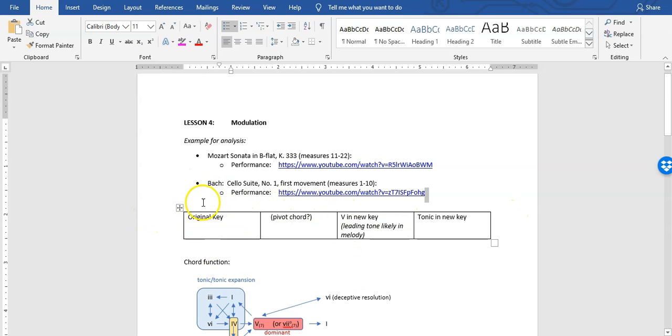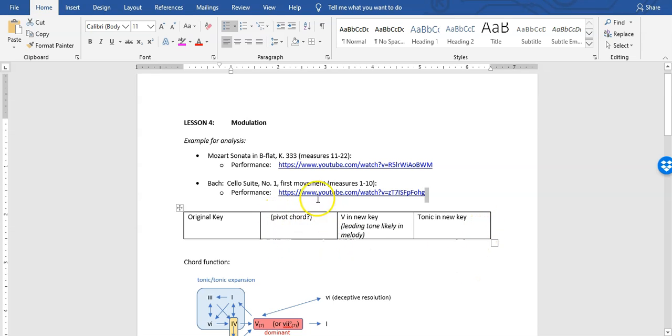We start in an original key, right? We're headed to 5, the dominant chord in the new key, and that leading tone is going to be the accidental that is added and persists to create the modulation. Likely that's going to show up in the melody, okay? So we're moving from the original key over to the dominant of the new key and then resolving to the tonic in the new key, and that creates the modulation.